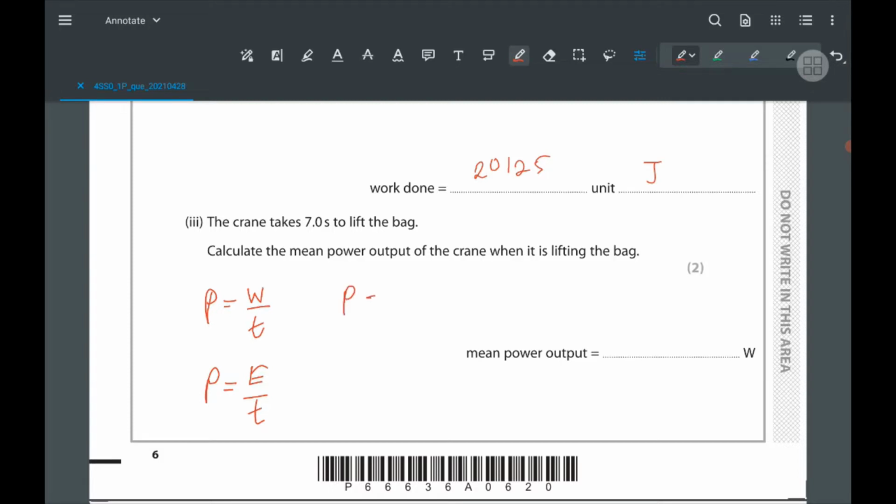So I will substitute: power equals 20,125 divided by time, which is 7 seconds. So we are getting the answer, I can say 2,857.14 watts. If you have rounded it and written 2860, also it's okay.